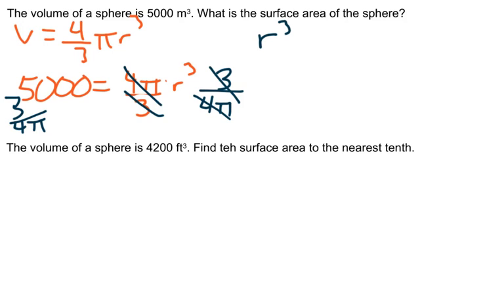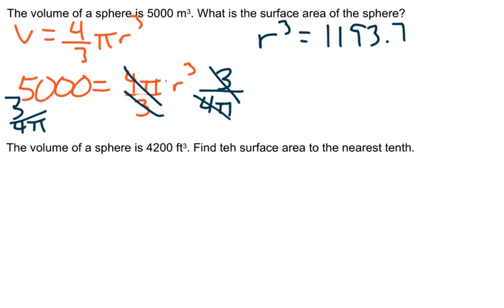So r cubed is equal to, and on my calculator, I'm going to do 5,000 times 3 divided by, and again, I have a 4 and a pi in the denominator, so I'm going to put that in parentheses. So 5,000 times 3 divided by, parentheses, 4 pi, and that gets me about 1,193.7.